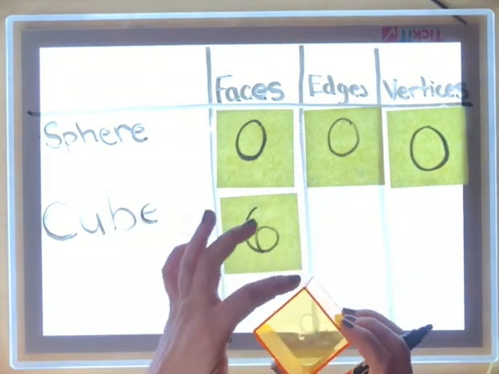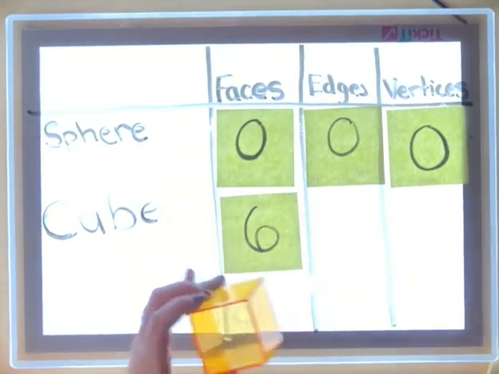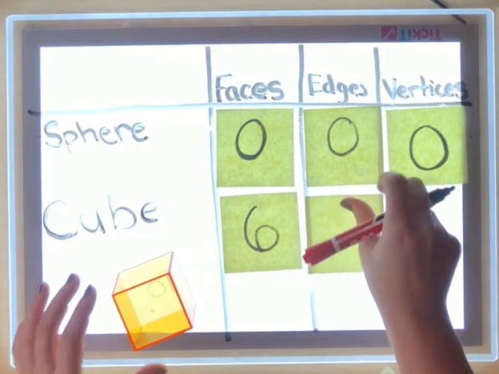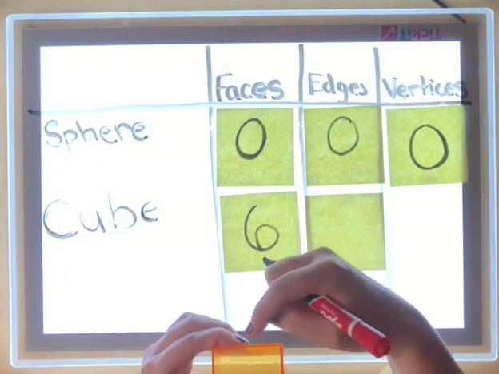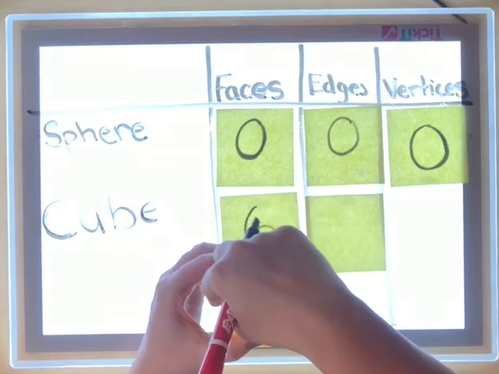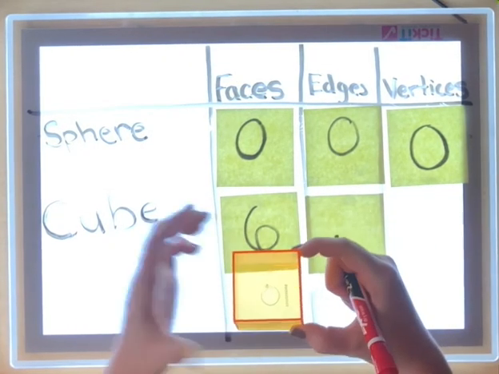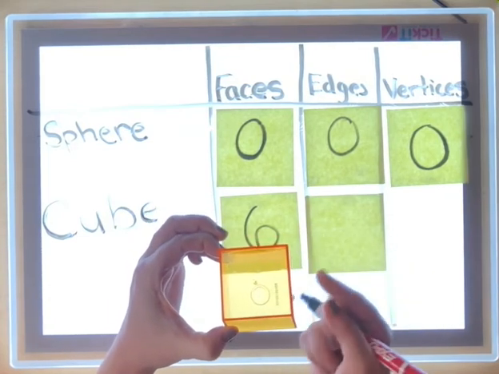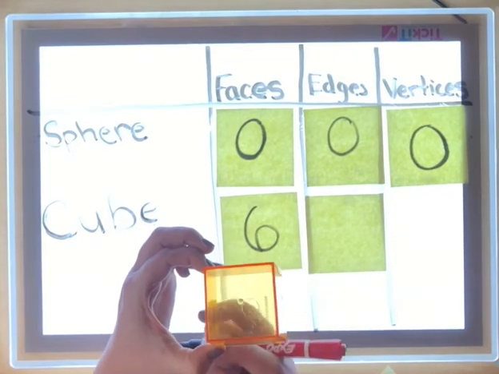Now let's look at these edges. This is the edge. See where it meets? That's the edge, and we're going to count how many edges this cube has. Let's start here. 1, 2, 3, 4, 5, 6, 7, 8, 9, 10, 11, 12.